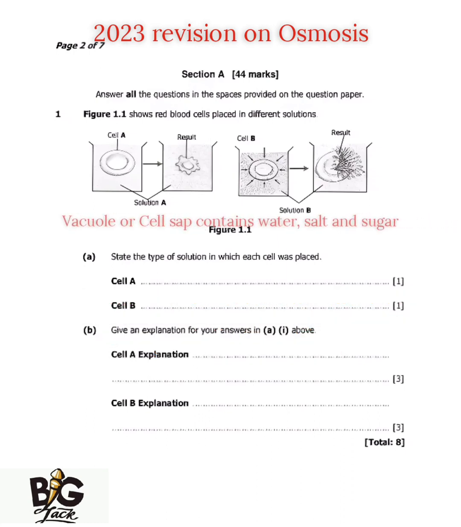Cell sap is composed of water, salt, and sugar. That is considered to be a solution because it contains solutes and a solvent, which is water.